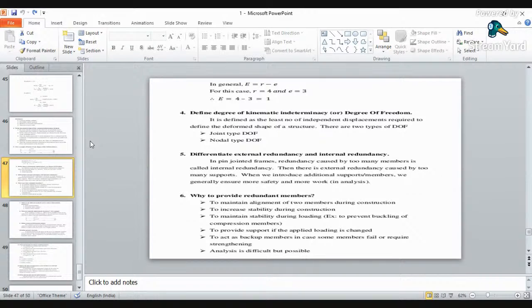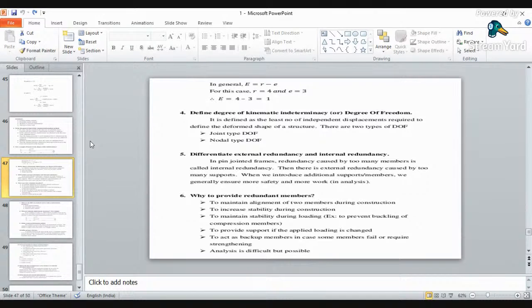Redundant members are provided to maintain the alignment of two members, to increase stability, to maintain stability during loading, and to provide support if the applied loading changes. Analysis is difficult but possible for an indeterminate structure.